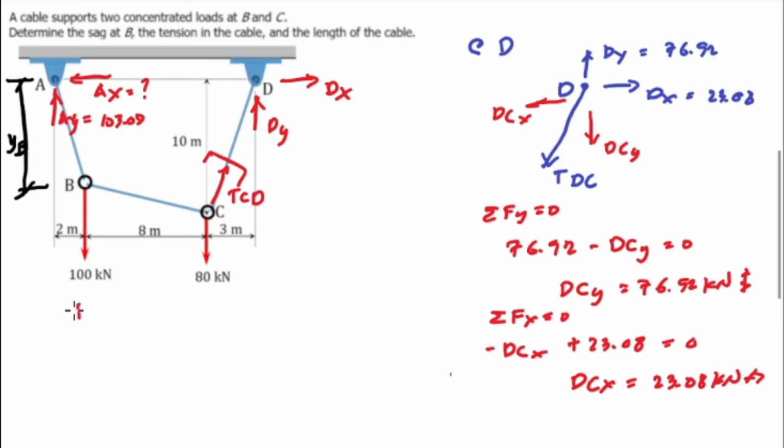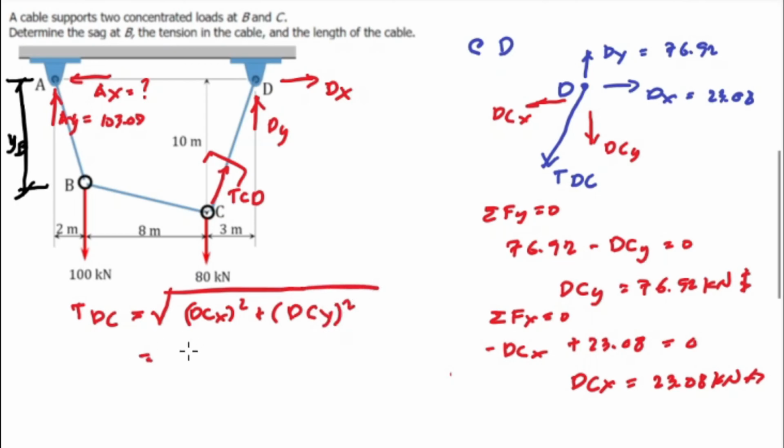And the tension for cable DC, using Pythagorean theorem, we have dc of x squared plus dc of y squared.